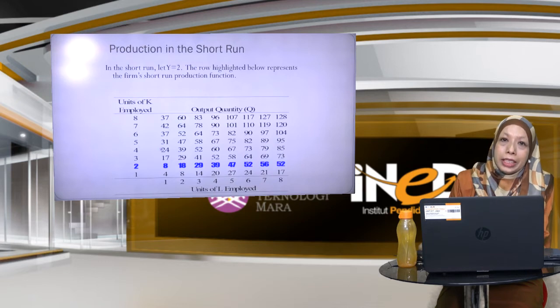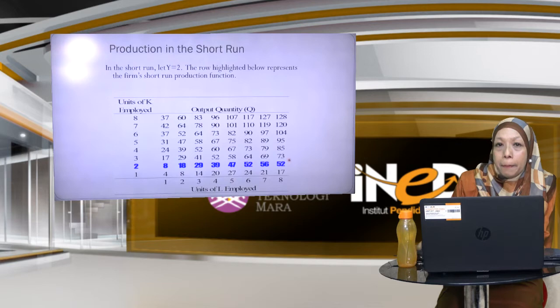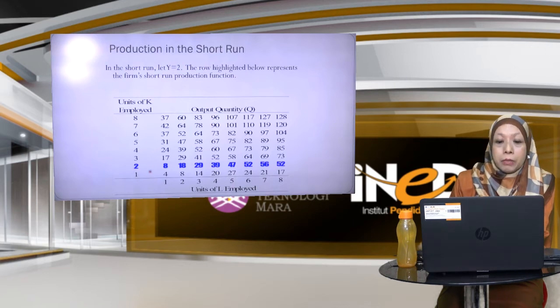Based on this production table, we are going to fix the amount of capital available in the short run. But when it comes to labor, the firm is allowed to change the number. As you can see, the blue values here represent the different levels of output when you change the number of labor, but nothing much can be done on capital because capital is the fixed input.